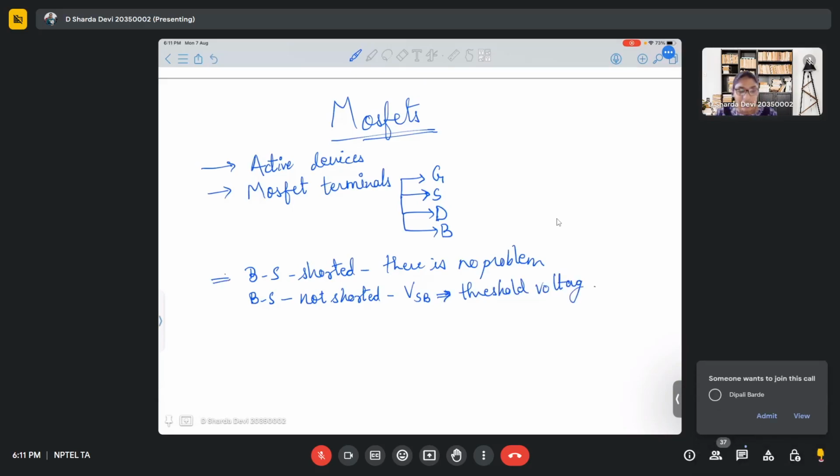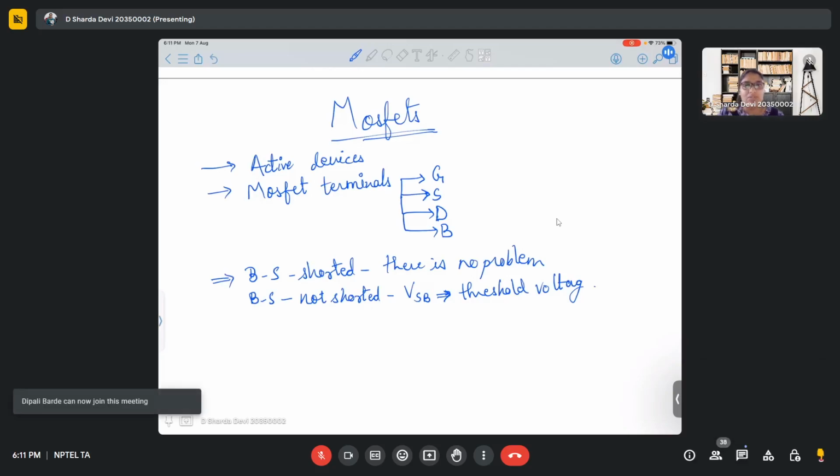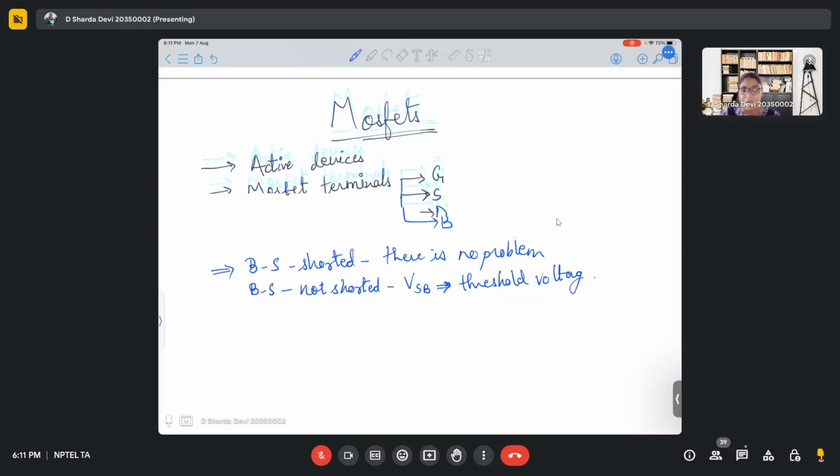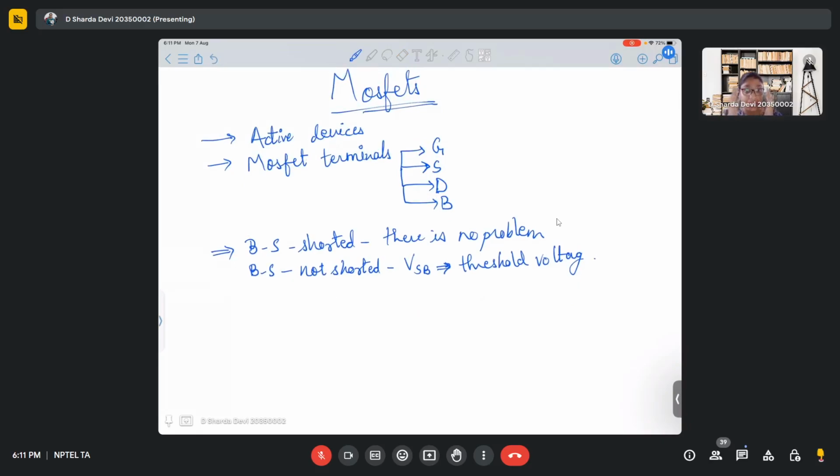So we can use it to our advantage as well. For example, if you want to change the threshold voltage of the transistor that you have fabricated, you can do it externally by changing this VSB. This is the body to source voltage, and this is something that we need to keep in mind. In a MOSFET, body and source are not always shorted.